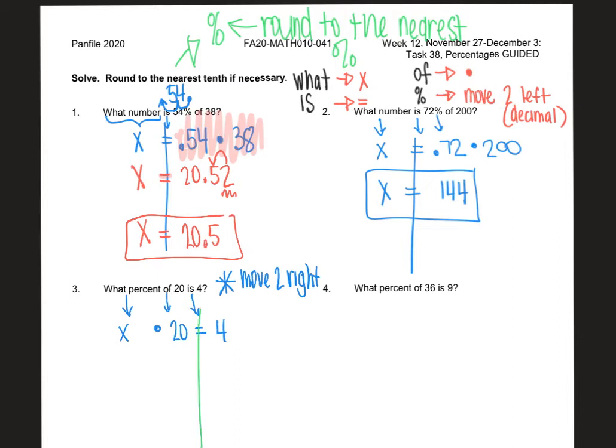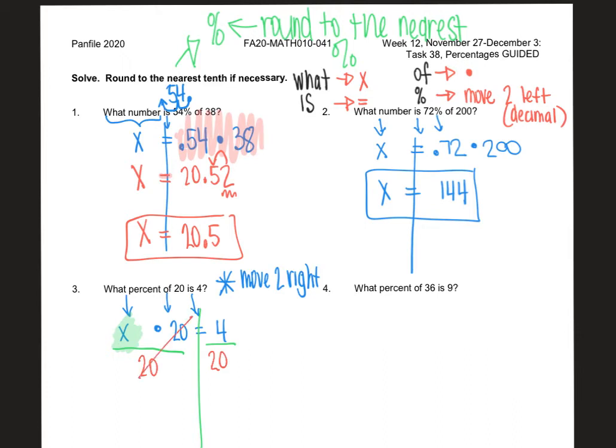We throw a line down our equal sign, and we're dividing both sides by what's attached to the x, because I want x alone. So if it's x times 20 on both sides, then I need to divide by 20, just like I did with the proportions.